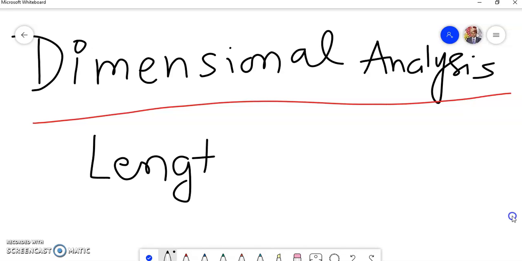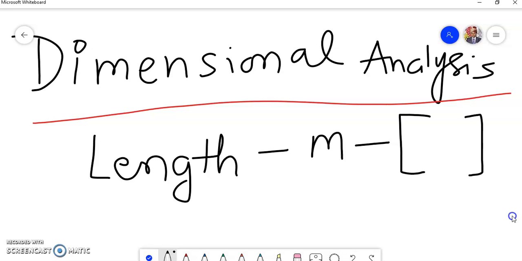You can see on the board, length has unit meter, and we write the dimensional formula in this bigger bracket, and inside this bracket we write capital L. Please follow that this is the standard notation which we are using. And the unit is meter.